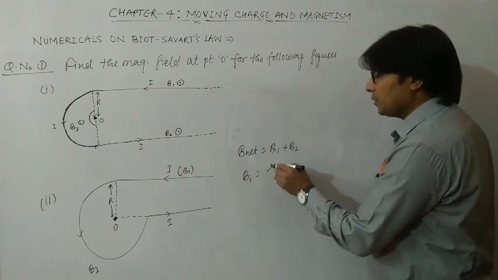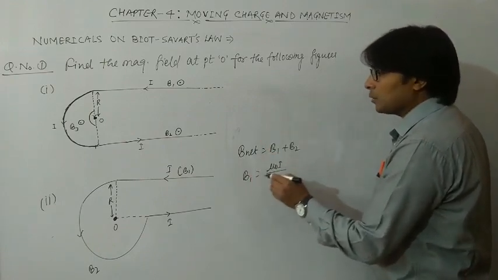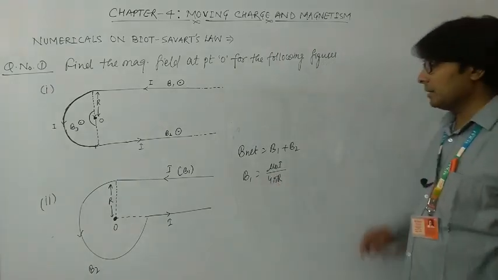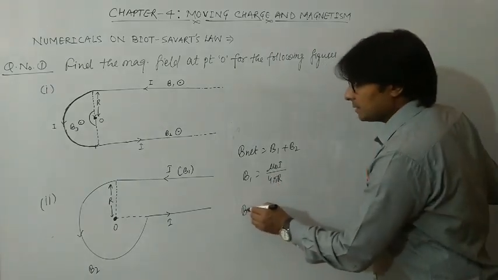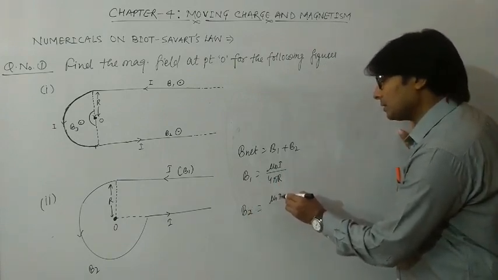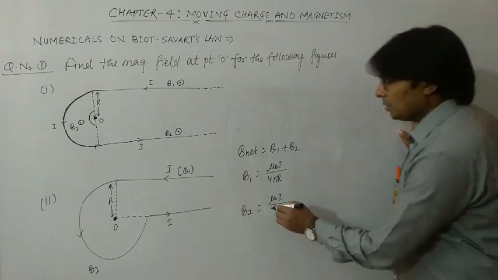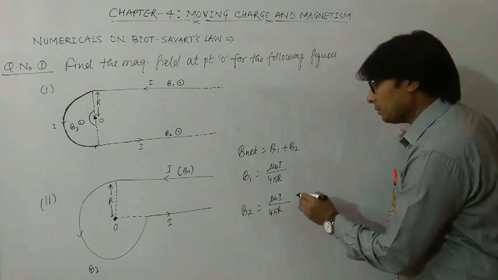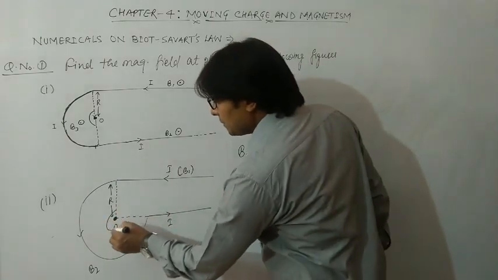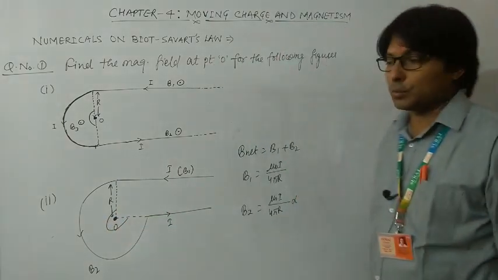B1 is mu 0 I upon 4 pi r, and B2 is mu 0 I upon 4 pi r multiplied by alpha, and this alpha is 3 pi by 2.